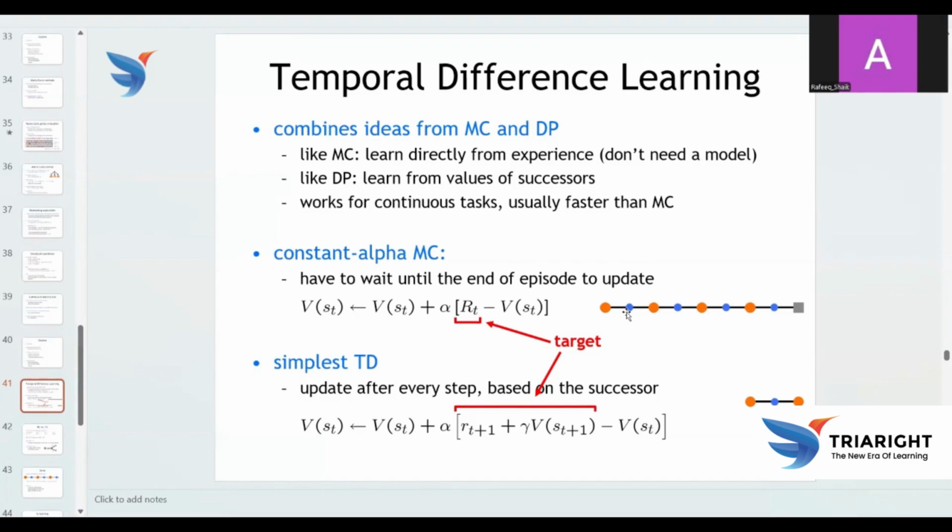Here we can see the programming models and the update step, right?